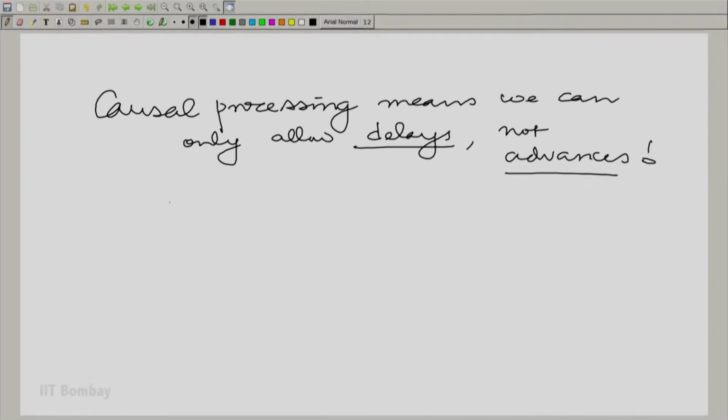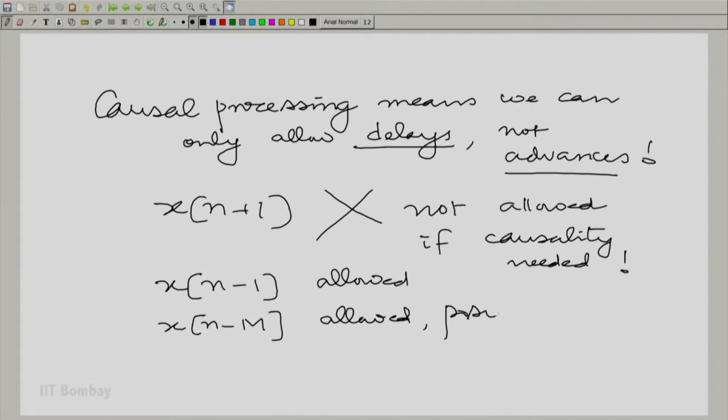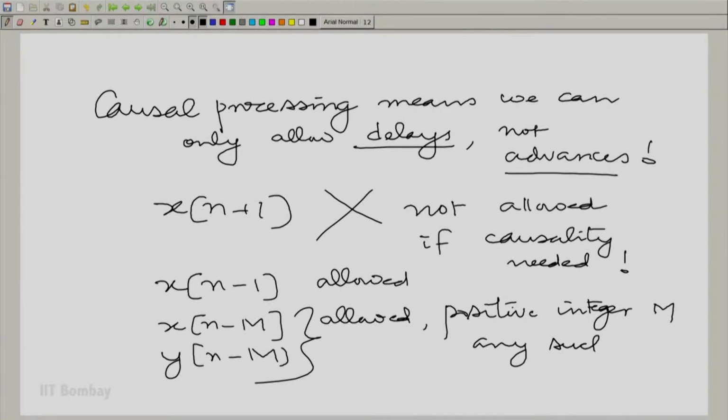So, we can't, for example, do x of n plus 1 or something like that, not allowed, if you want causality. But x of n minus 1 is allowed, and x of n minus m is allowed for positive integer m. Similarly, y of n minus m is allowed, again for positive integer m, any m. And in fact, we can realize this n minus m business by using one step delays at a time.